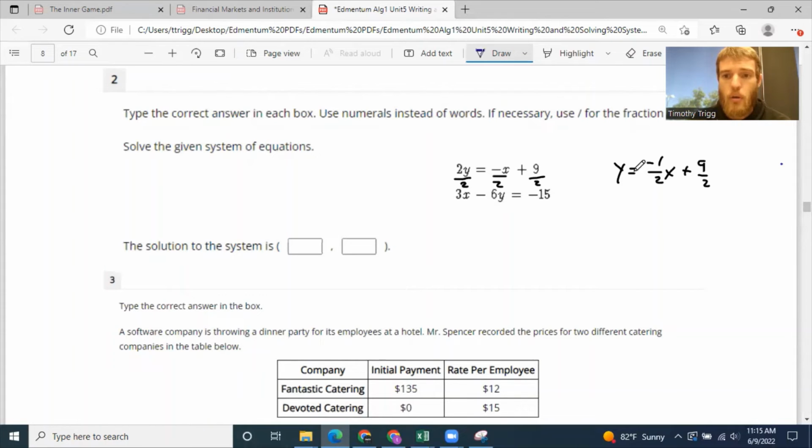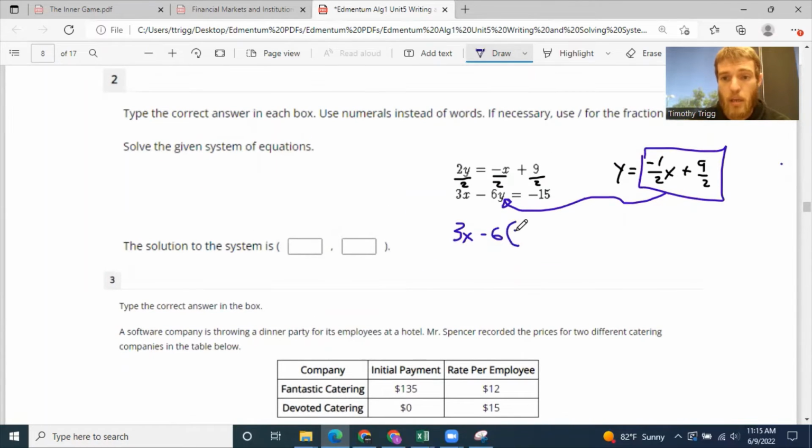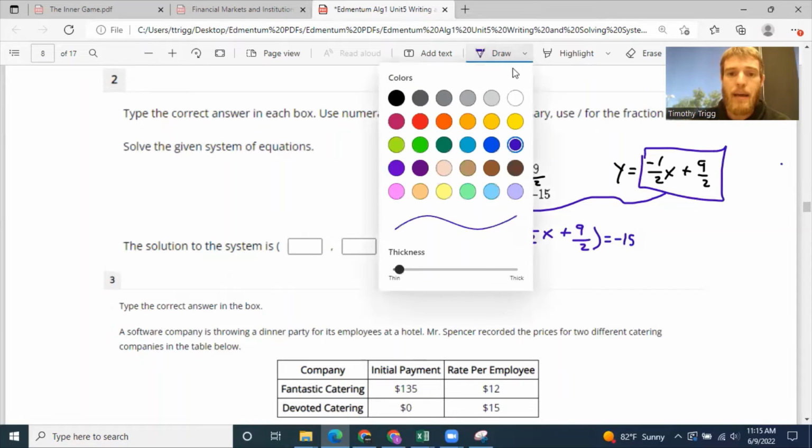Okay, so here it says y equals yada yada, which means I can substitute this in for y in my second equation. Now I know there's fractions here, and that's perhaps a little bit scary, but fortunately, our fractions disappear once we work this out a little bit, and I'll show you what I mean. So don't be alarmed, just follow along. So I have equals -15 here. So what would be my next step here?